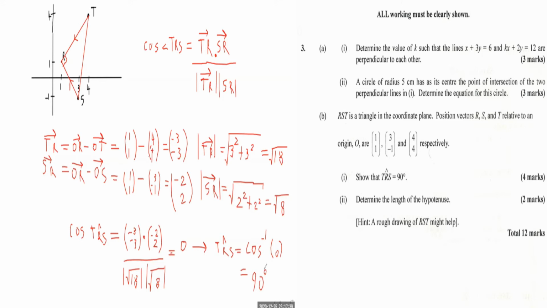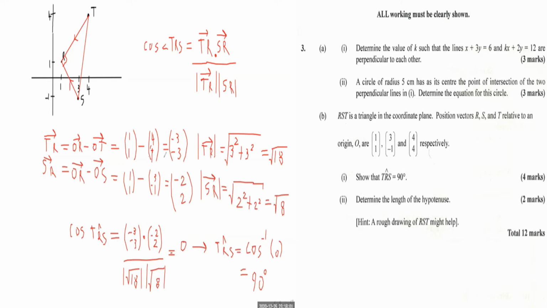Now it says determine the length of the hypotenuse. As we can see, the hypotenuse will be TS, so we need to find vector TS. Now there are two ways to do it. We don't even need to find vector TS.